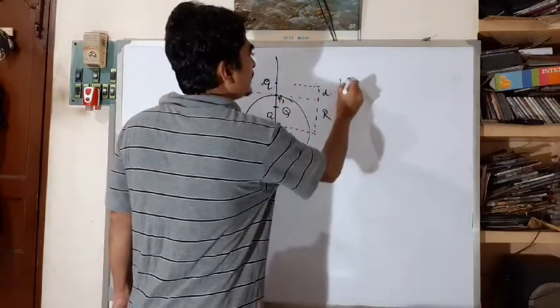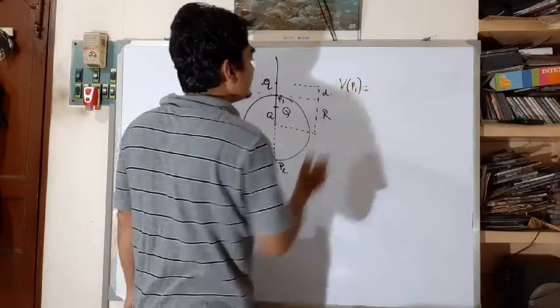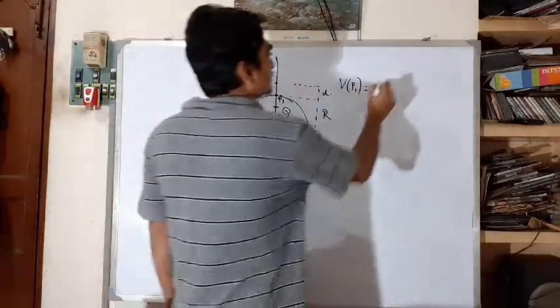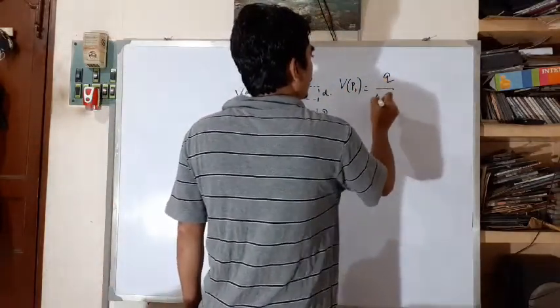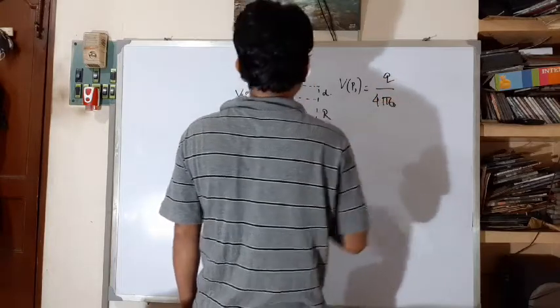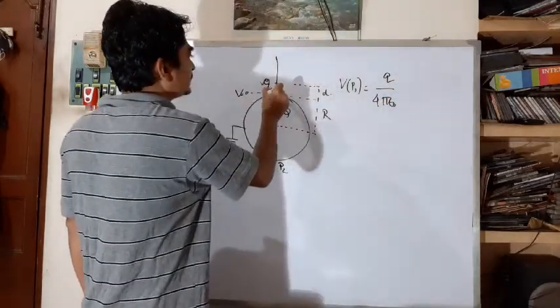Potential at P1 is Q by 4 pi epsilon naught, what is the distance?